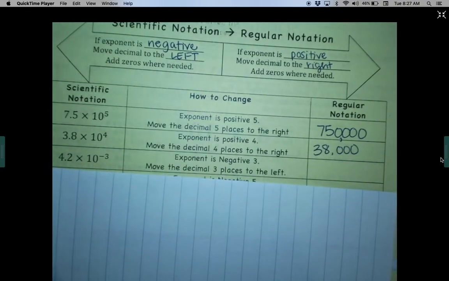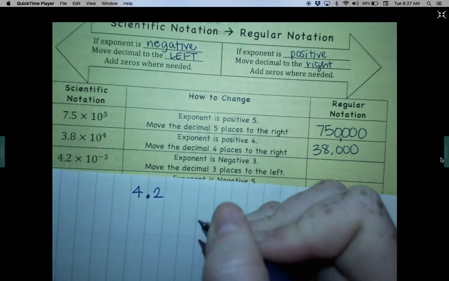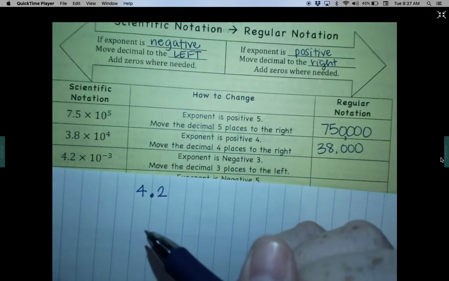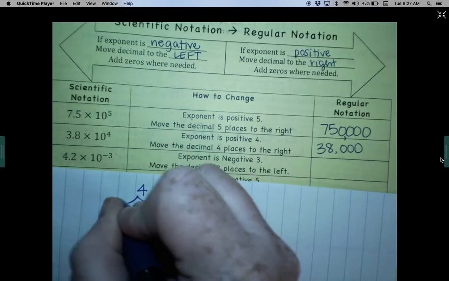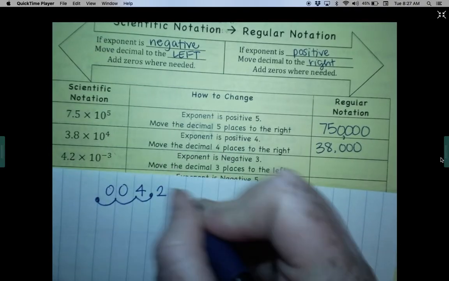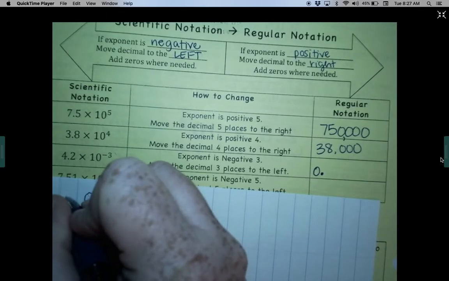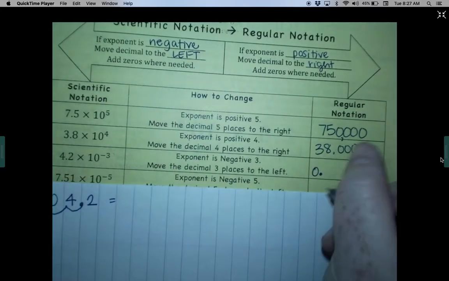So now we have 4.2, and we're going to move it to the left 3 places because it's 4.2 times 10 to the negative 3. So 1, 2, 3. So we get, and I'm going to put a 0 in front of it just because it looks better.